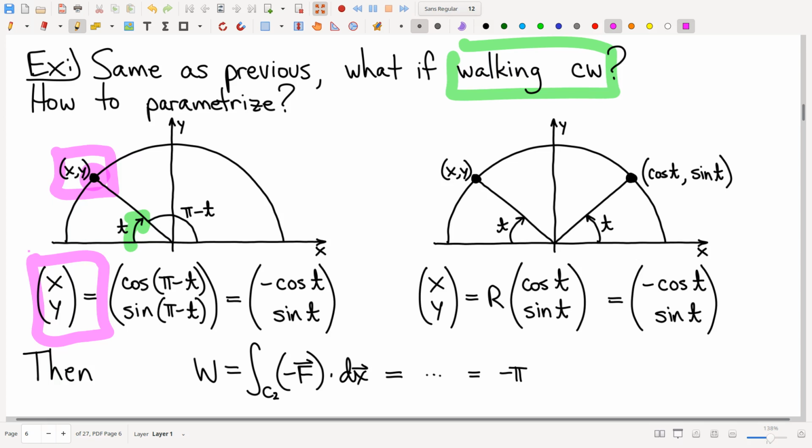Sine and cosine are defined in terms of that other angle. And notice green and blue kind of go in opposite directions, and they always add up to pi. That means that if the green angle is t, then this blue angle is just pi minus t.